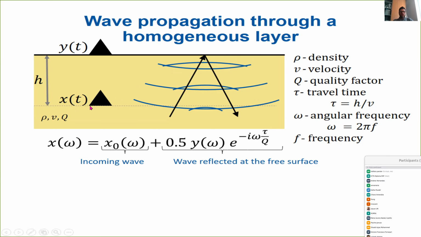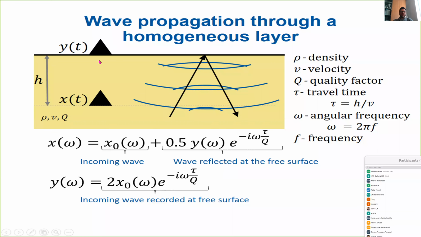So my recording here will depend on the input from below and on what reaches the surface and comes down with half of this amplitude and with a time of propagation tau that depends on the thickness and on the velocity here.